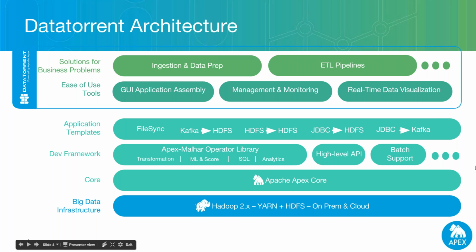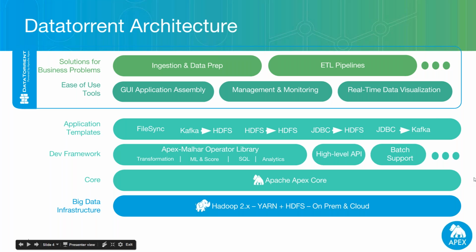Now this is the architecture. If you see the bottom layer, we have Hadoop 2.x. The minimum version to run Apex is 2.6, which consists of YARN and HDFS. On top of it, we have Apex Core, which is our engine, which takes care of fault tolerant and low latency applications.